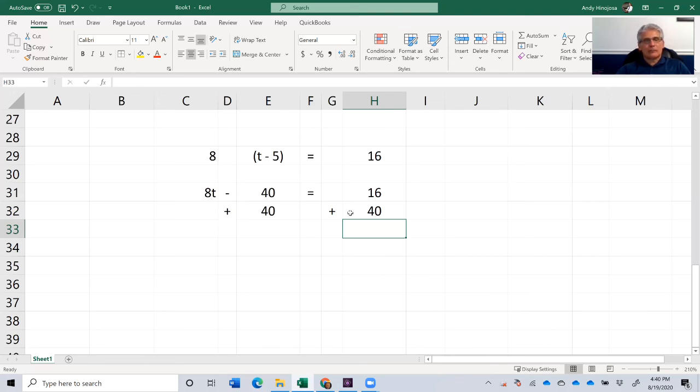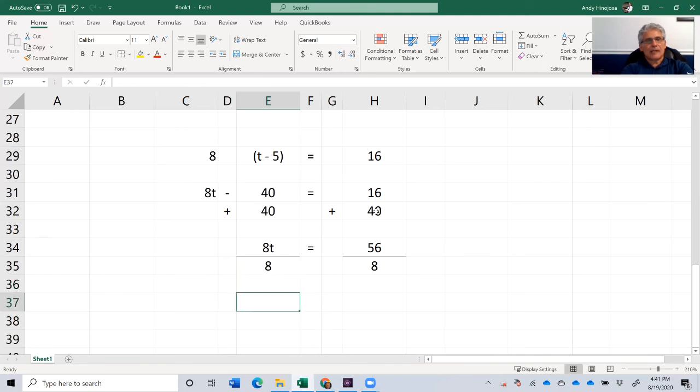We'll add 40 to both sides of the equation. That will eliminate the 40 on the left side, which means we'll be left with 8t. And on the right side of the equation, we're going to add 16 plus 40, and that'll give us 56. So 8t equals 56.